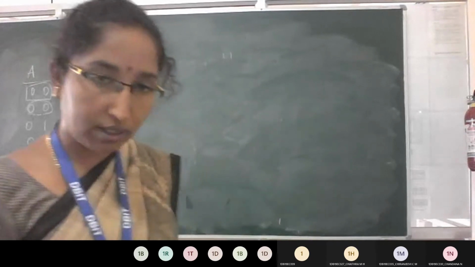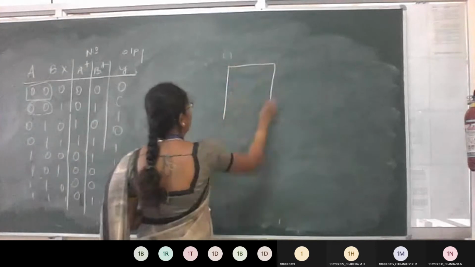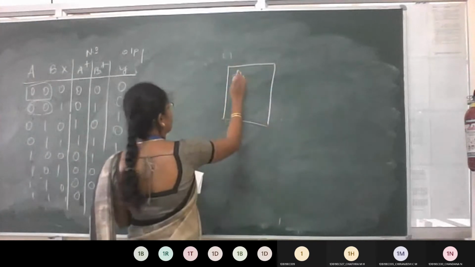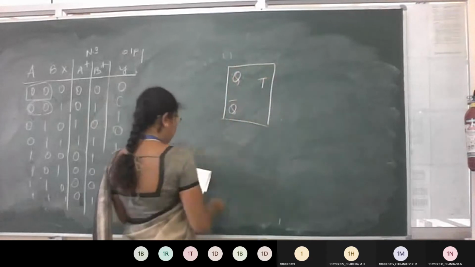Okay, so this is one of the examination questions itself. You have a T flip-flop. You need to observe what flip-flop they have given.